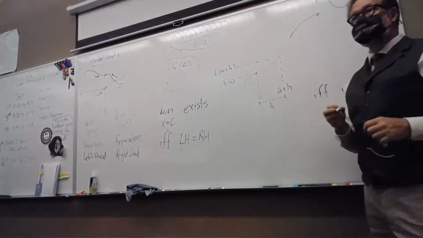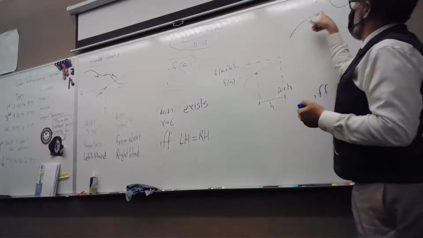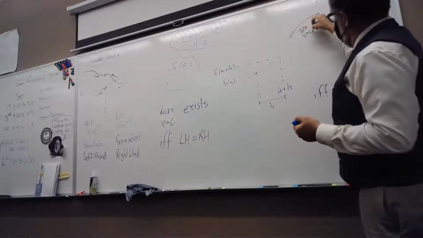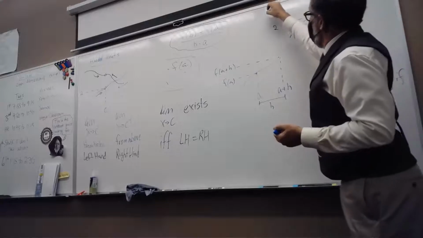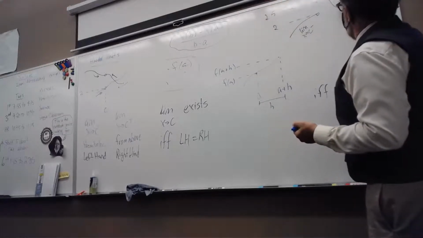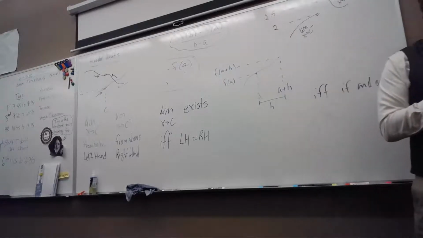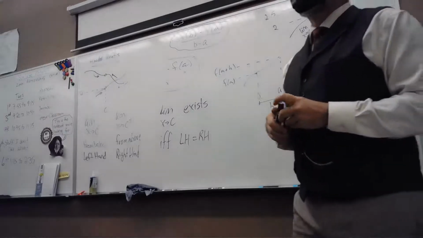It does not exist if they're different. That limit does not exist because the left hand is 2 and the right hand is 2.5. Bernie and Betty do not think that they're going to meet.